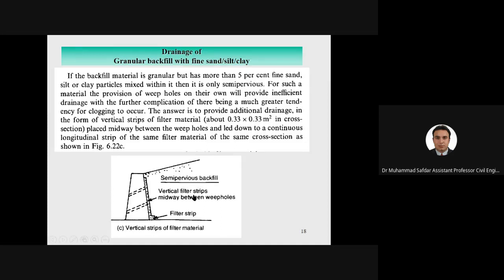And you might have seen those weep holes filled with fine particles when you are traveling somewhere, and that will definitely cause a significant increase in the hydrostatic forces, and that ultimately leads to the failure of the retaining walls.